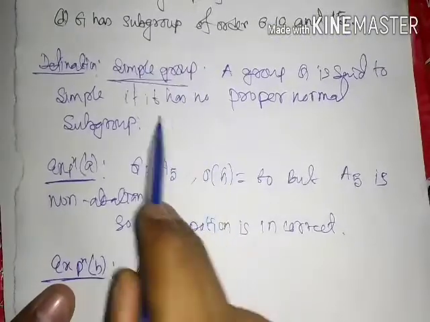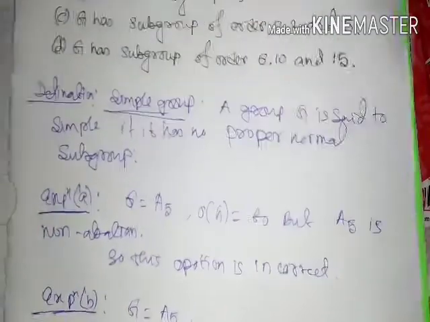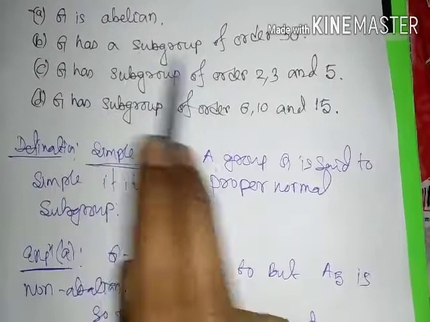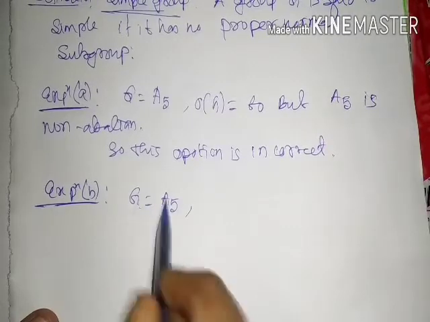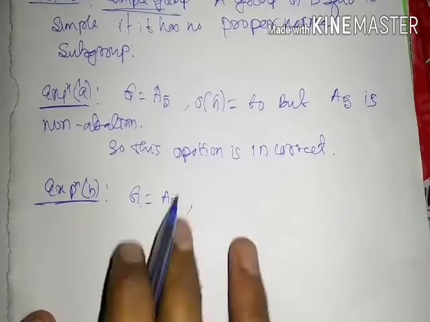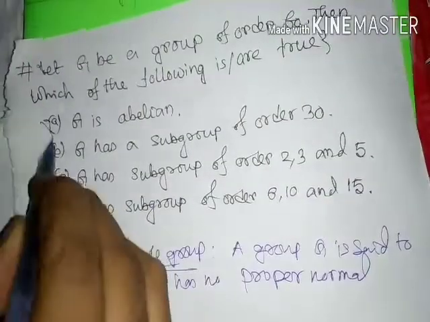Simple means it has no proper normal subgroup. But if G has a subgroup of order 30, then this group cannot be simple. So this option is incorrect.